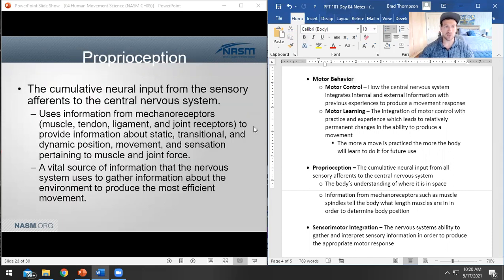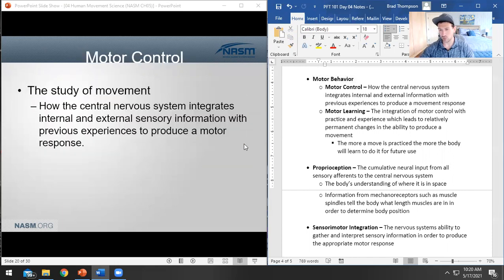It's going to be made up of your motor control, which is how your central nervous system takes in that information to produce the appropriate response. Remember, in our nervous system, we have sensory neurons, that's information going towards the brain. Integrative neurons, which are going to sort of interpret that information.